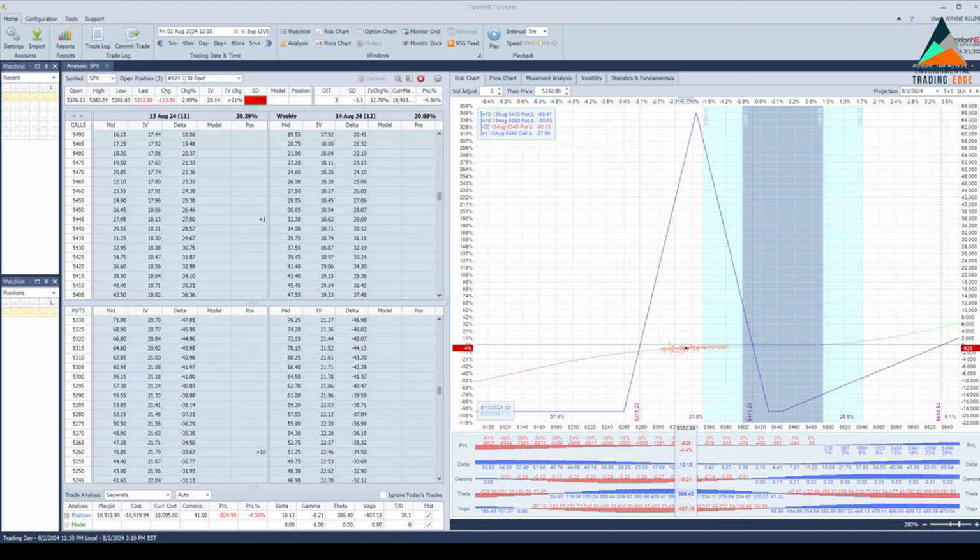The reason we want the SPX structure, the main structure like the butterfly or the calendar, is because it's going to keep our commissions lower. If we're only looking for like a 3% profit target or so, those commissions can be eaten up a little bit on the SPY or XSP.